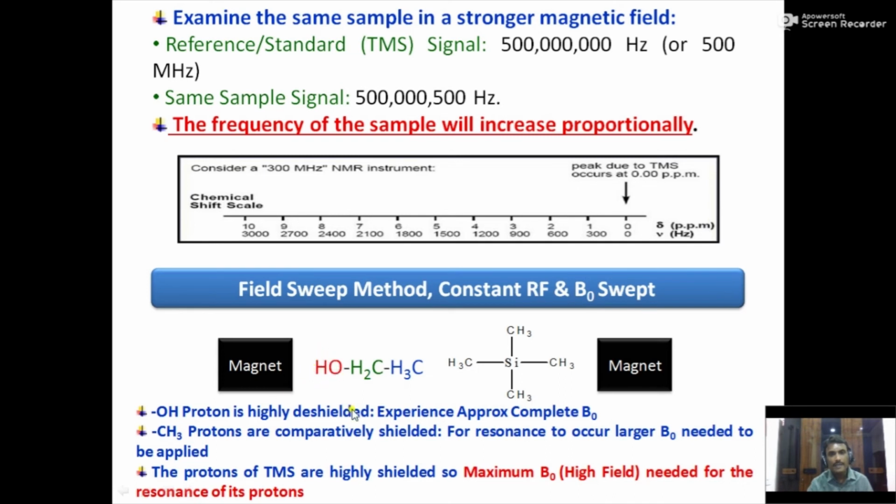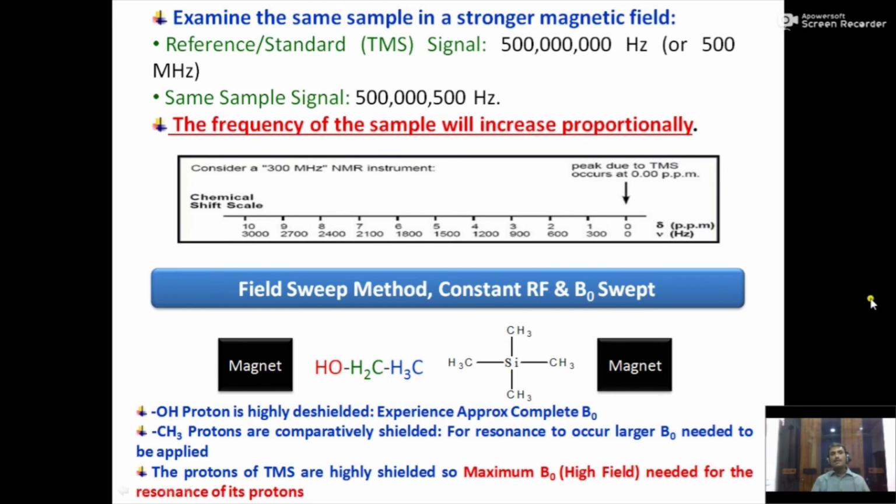So whatever magnetic field is applied will be directly experienced by this OH proton. And these CH3 protons are shielded, they have high electron density nearby as compared to OH, and no doubt the protons of tetramethylsilane are highly shielded.